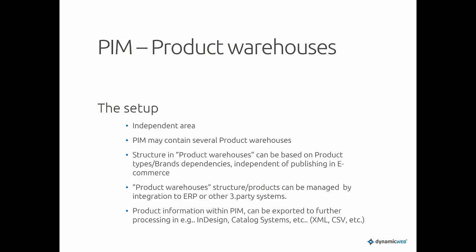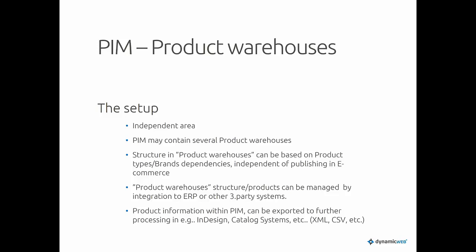And then when we have it in this product warehouse, we can start enriching all the product data with adding all the fields and the properties that we need on the products, and we can also start organizing them for the structure that we need in the e-commerce solution or in other parts of the system.